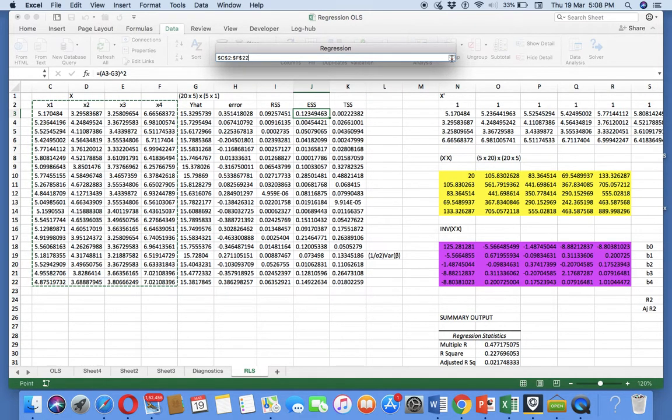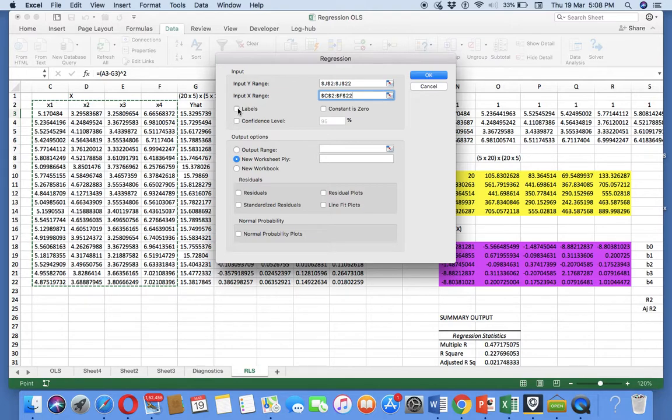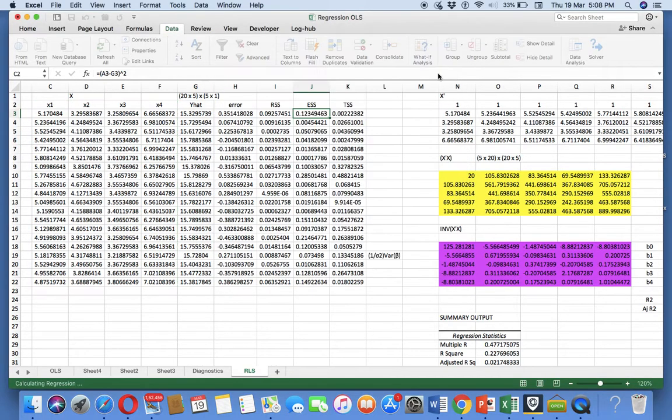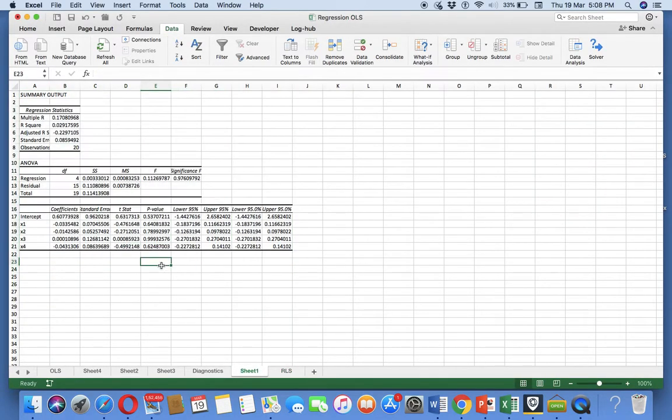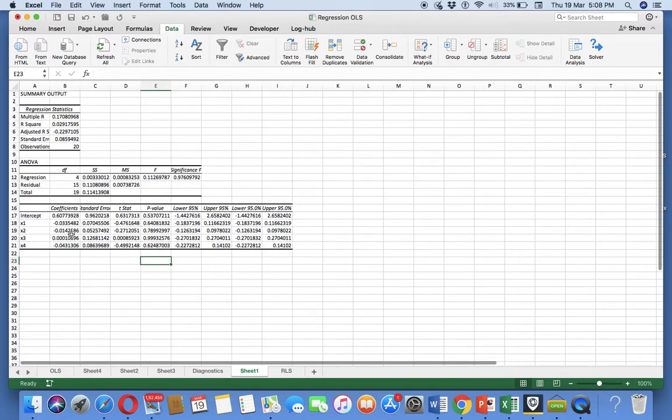So I select it, select the labels and say okay. In the Bruce-Pagan test, you have to check whether the independent variables are significant. None of the independent variables are significant, so one tends to suspect that the problem doesn't exist.